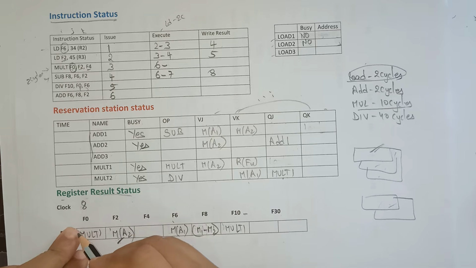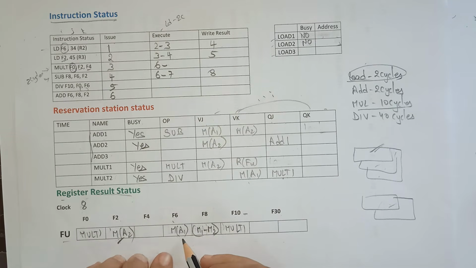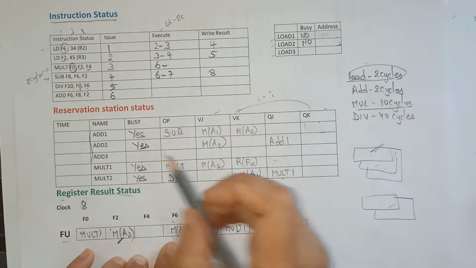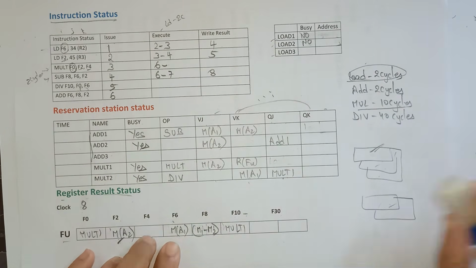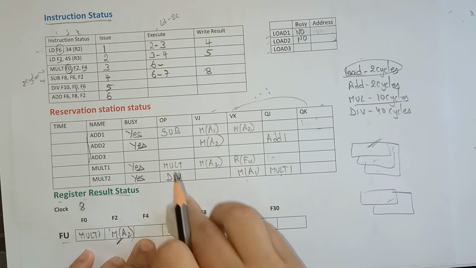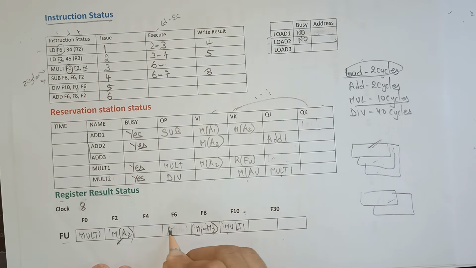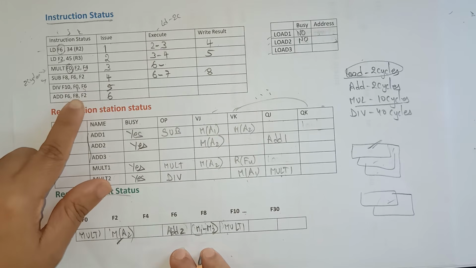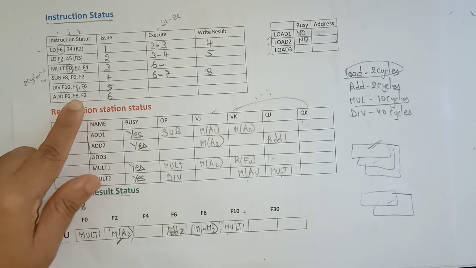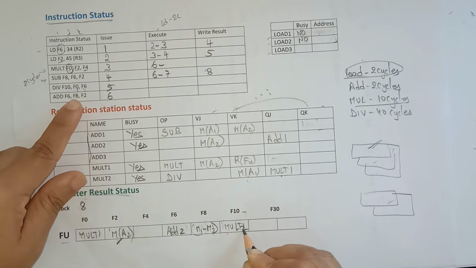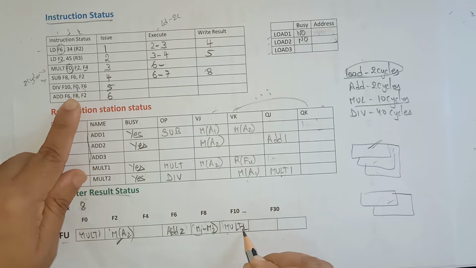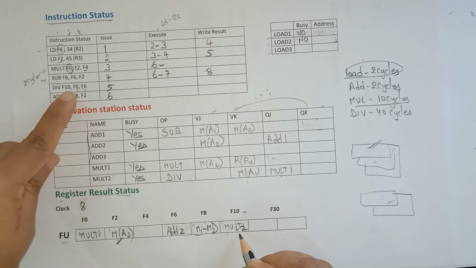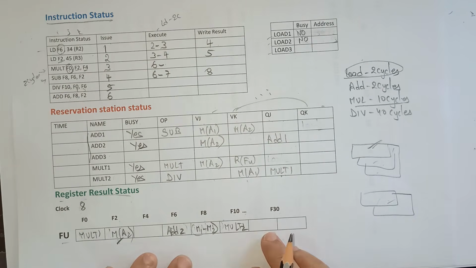So at the 8th clock cycle, for the multiplier, F6 is now updated with adder 2, because for adder 2, F6 is still busy with M1 minus M2. And F10 is the division, right? The division is holding multiplier 2. It is waiting for multiplier 2. So this is what is happening here.